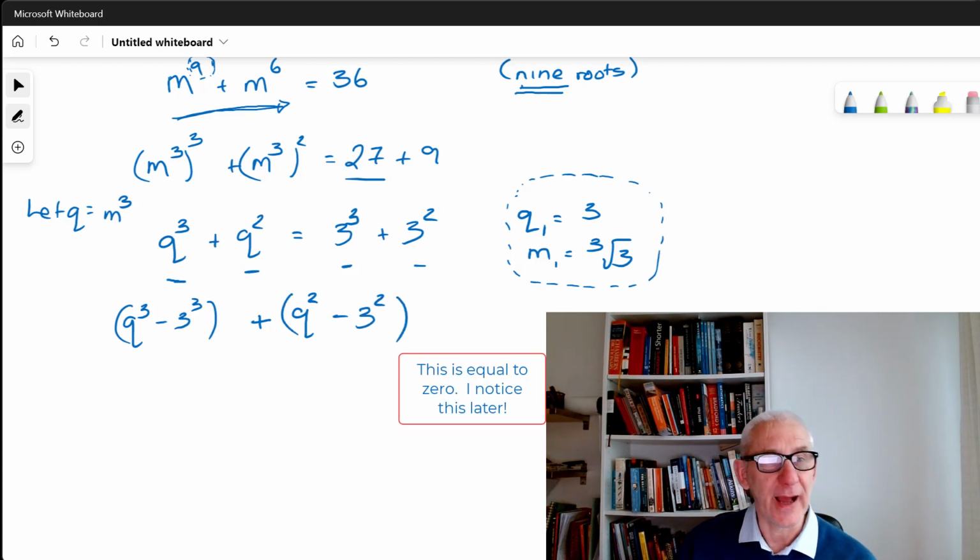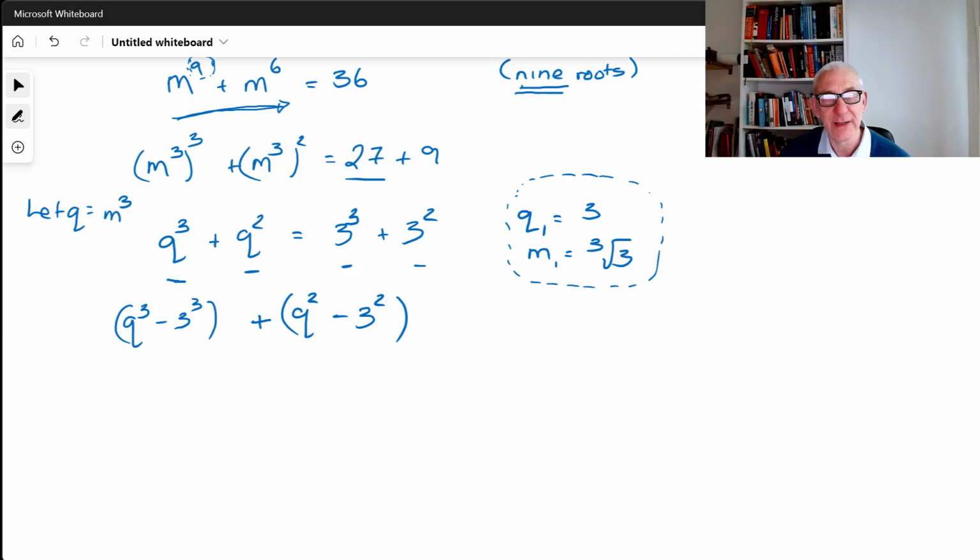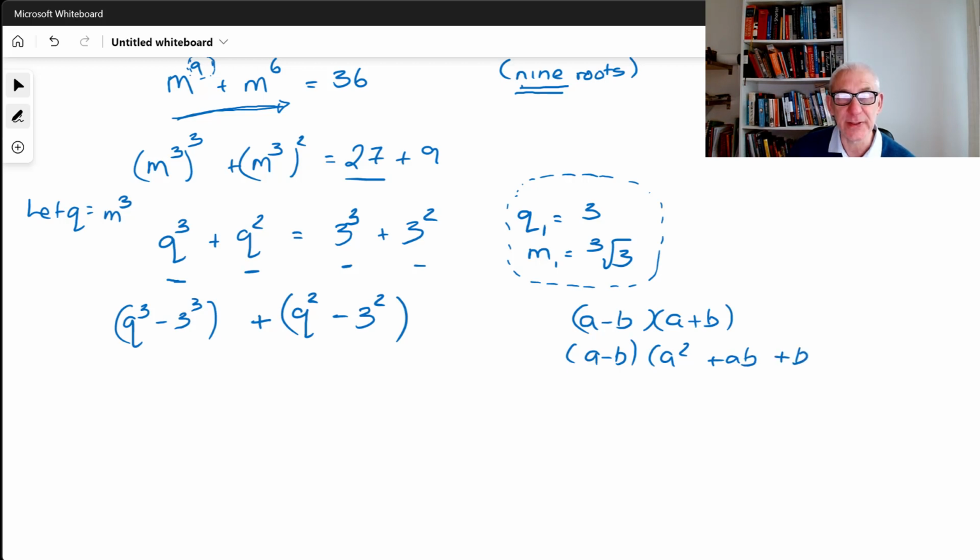Okay, we can rewrite that as a difference of 2 cubes, and this one as a difference of 2 squares. The difference of 2 squares, just to remind you, is a minus b multiplied by a plus b, and the difference of 2 cubes, the identity there is a minus b into a squared plus ab plus b squared. You can check that one out if you want to.